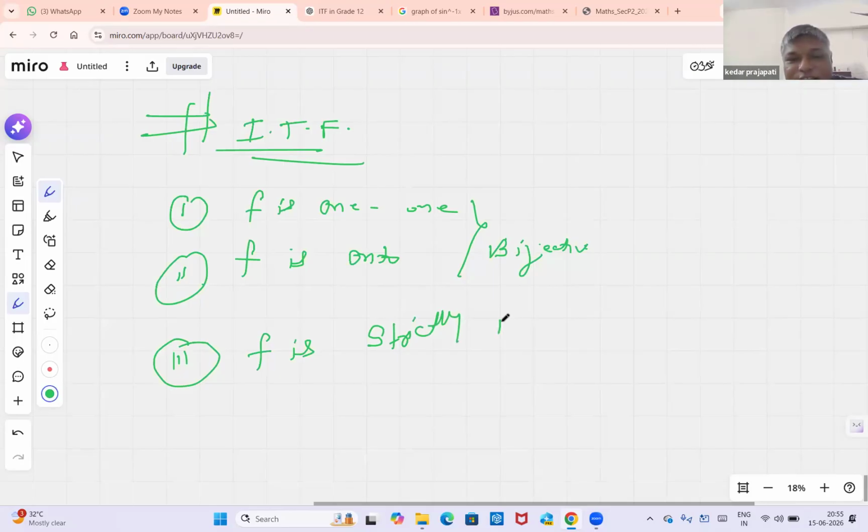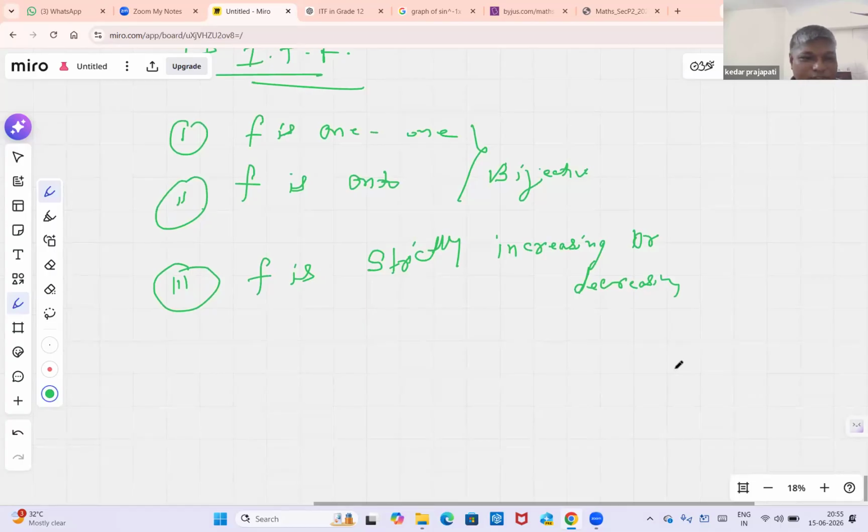And the fourth property, these things are not available in the exam, but it comes in the JEE exam also.